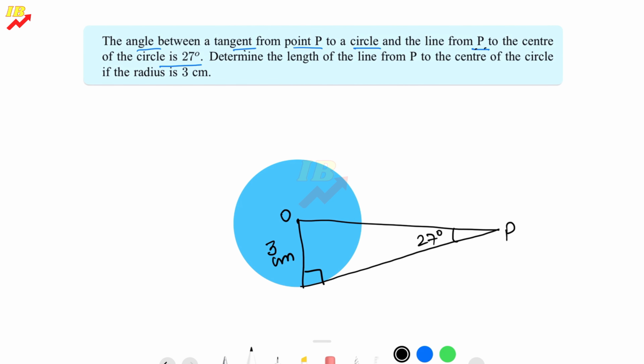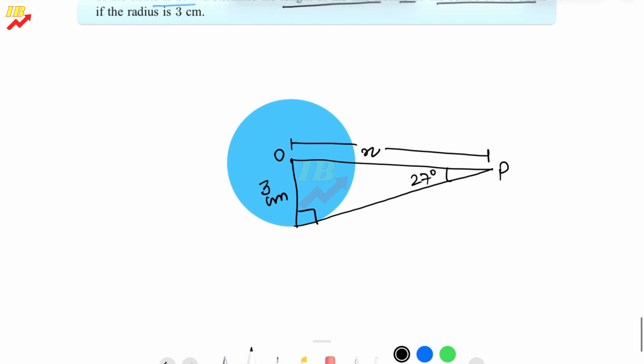So what exactly are we supposed to find? We are supposed to find the length of the line from P to the center of the circle. This whole line we are talking about. So now we got the question, and we labeled it.